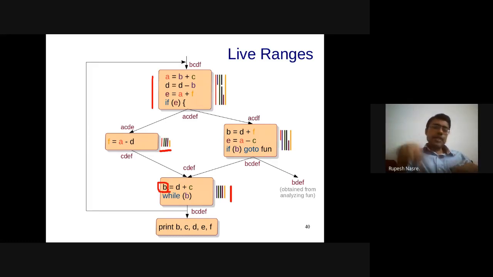So the live range is anyway going to get split, right? So for example, if you see this definition of D, the live range is split. In the black color that I am showing, earlier D is live, so there is a use of D until the use of D in the D minus B expression, and then the live range is split, and then it continues again because there is a redefinition of D.